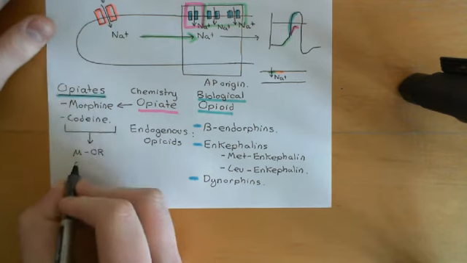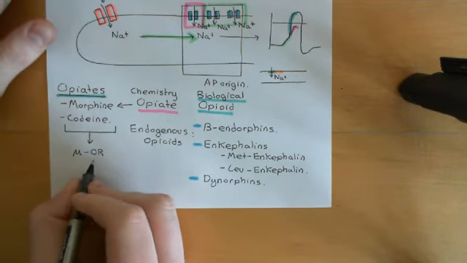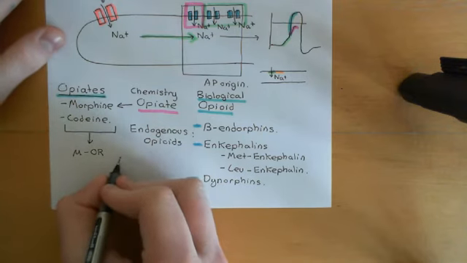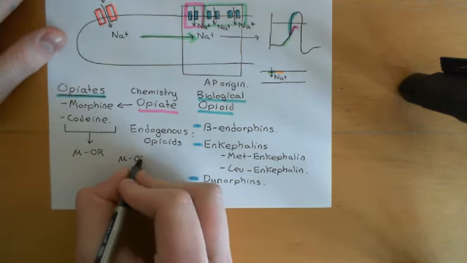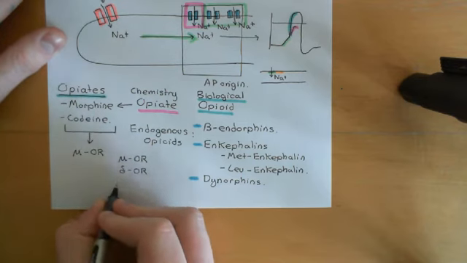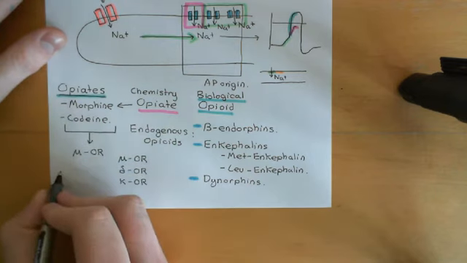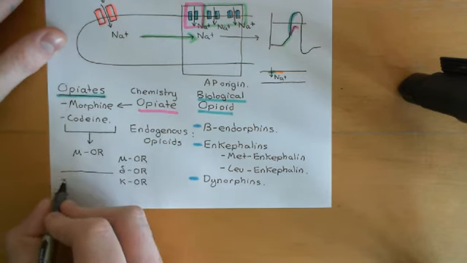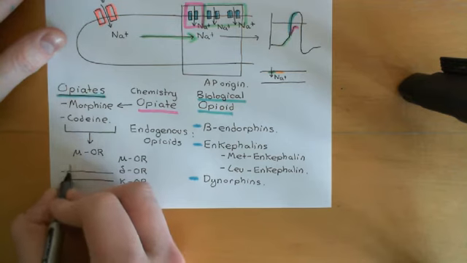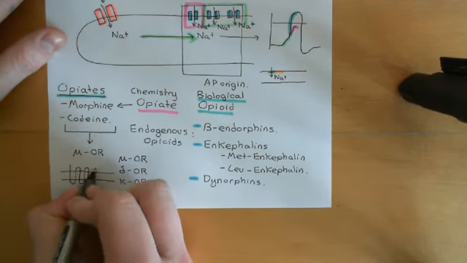However, there are more opioid receptors than just the mu-opioid receptor. The main three opioid receptors are the mu-opioid receptor, the delta opioid receptor, and the kappa opioid receptor. All three of these receptors are G-protein coupled receptors. If I draw the membrane here, the receptor will have 7 membrane spanning alpha helices in this classical way.